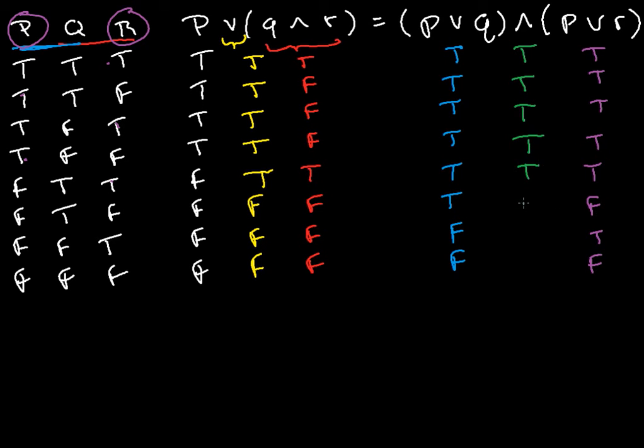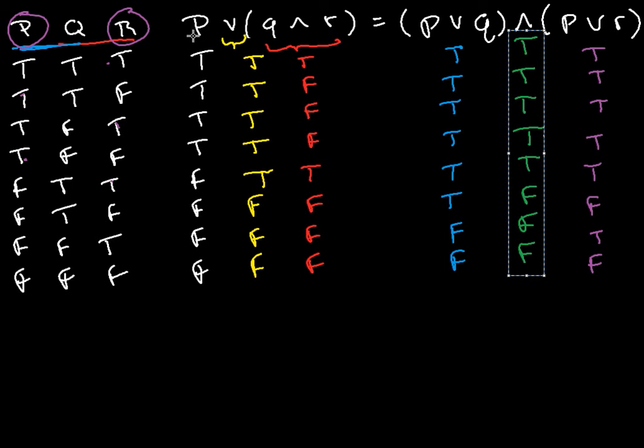We have 1 false here, so that's false. We have another false here, so that's false. And we have 2 falses here, so that's false. Now we just see that side by side, the yellow and the green columns are identical, which means that these 2 statements are equivalent.